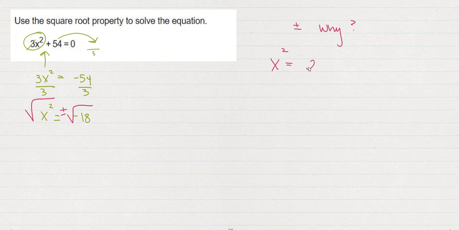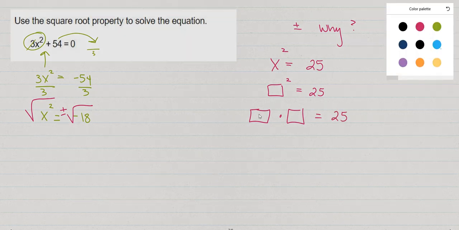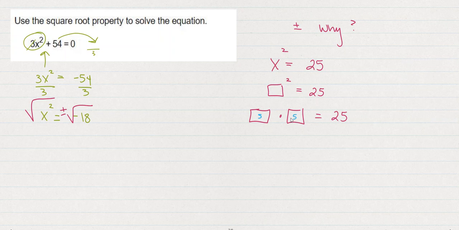If x squared equals 25, you're just thinking, what could I multiply by itself to get 25? So both boxes have to have the same thing in it. The 5 might come really easy to you. You'd say, oh, 5 times 5 is 25.